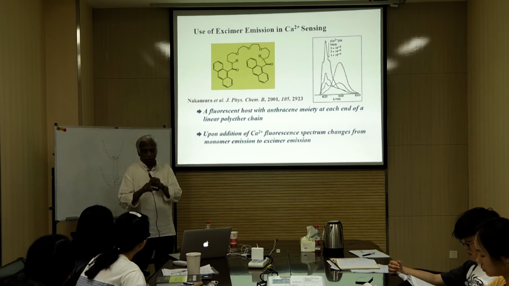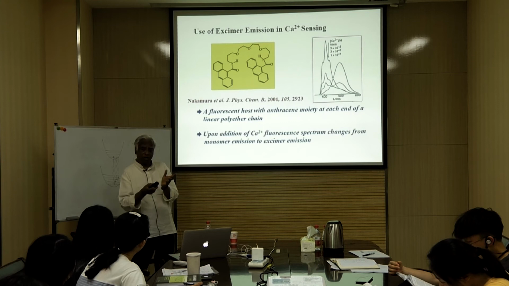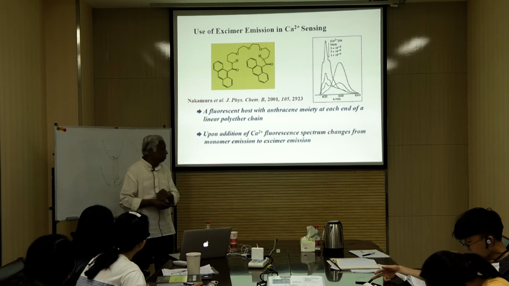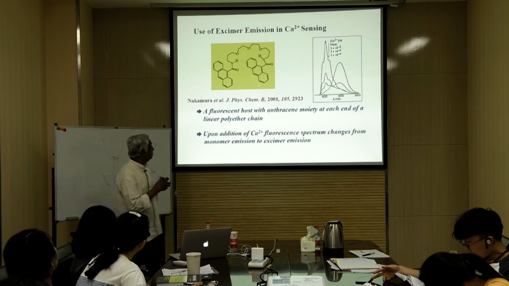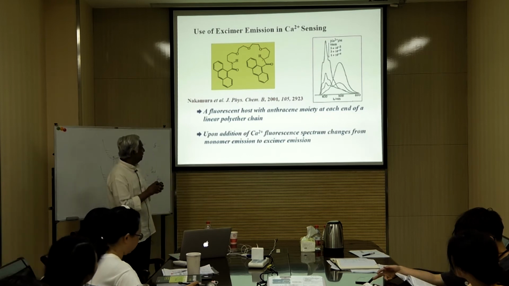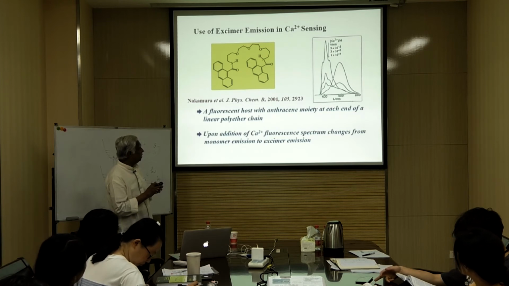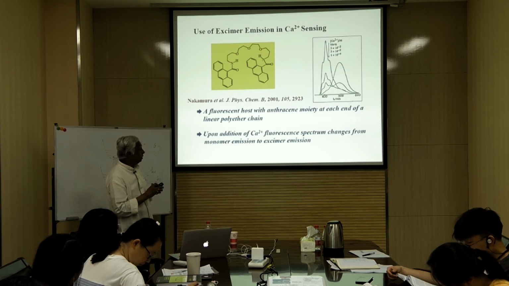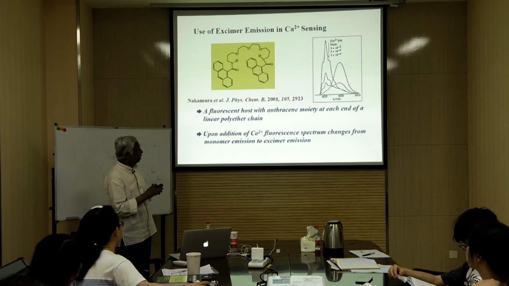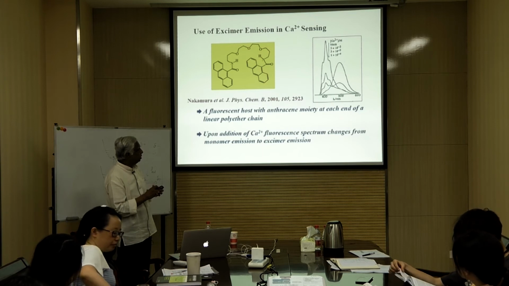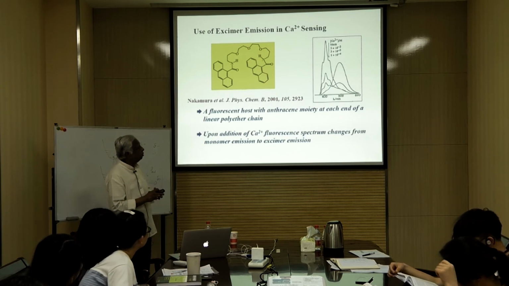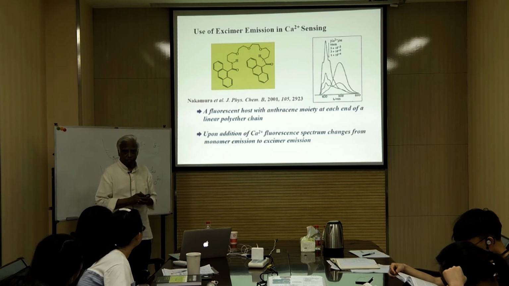If you can control it with some kind of an ion, then it can be used as a sensor for the particular ion. Okay. So in this compound, the authors have used calcium. When there is no calcium, you have only the emission from anthracene. When the amount of calcium is increasing, you see it becomes more of excimer.